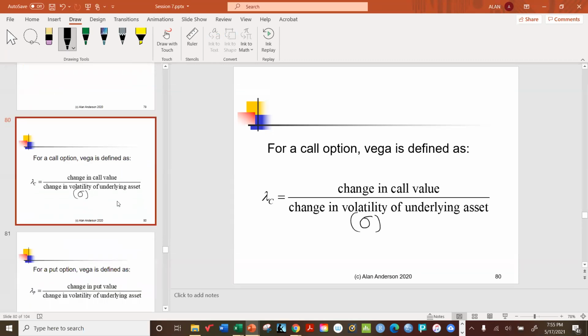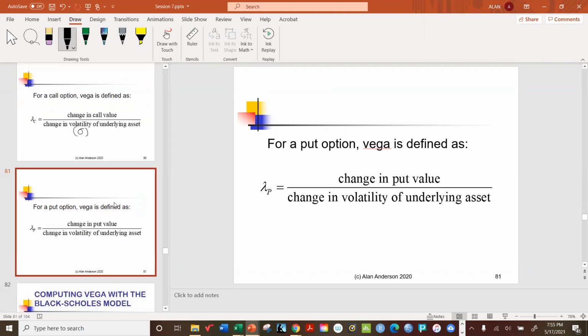For the put, well, you get the idea. It's the change in the put value with respect to a change in the volatility. Now here, luckily for us, the vega formulas are pretty straightforward, certainly compared to theta, which is an absolute nightmare.